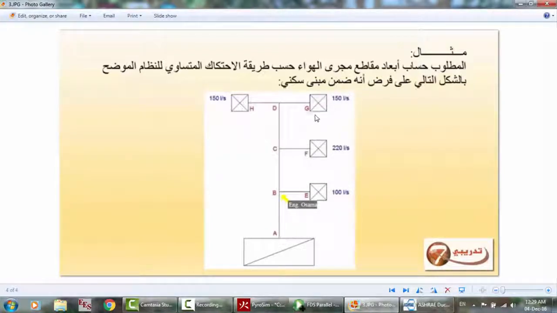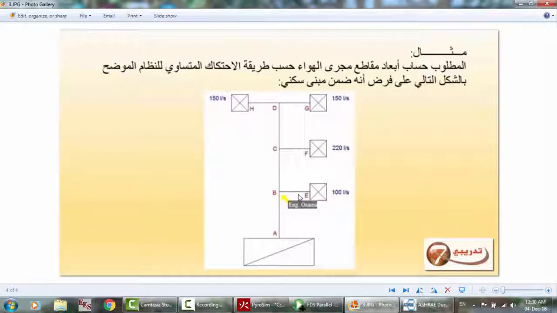And in reality, due to these 4 pascals, more than 100 liter per second will enter this room, and we do not need this. We need the 20 liter per second to be added here, because here the flow rate will be 130 liter per second. So what we have to do now is to install a device that controls the flow rate here and decreases the pressure by 4 pascals.